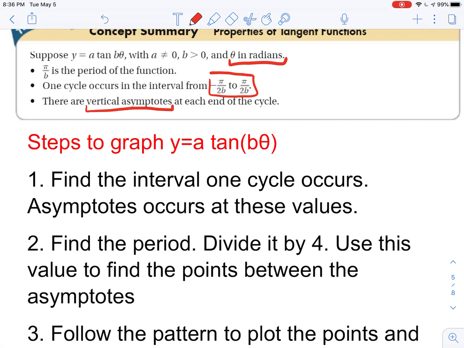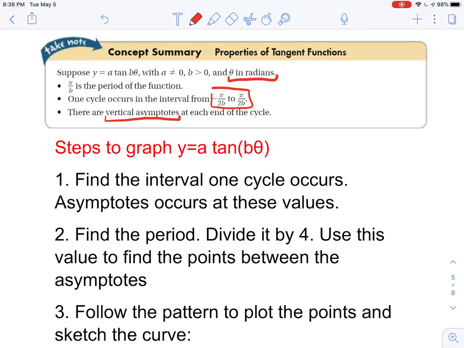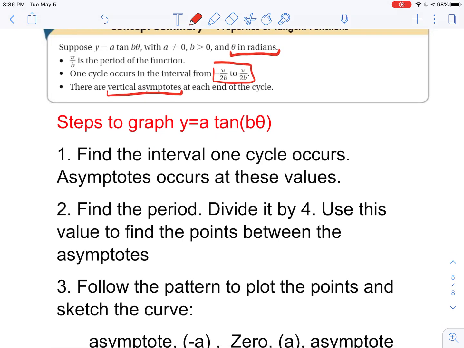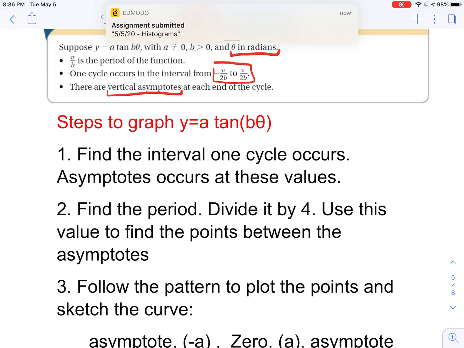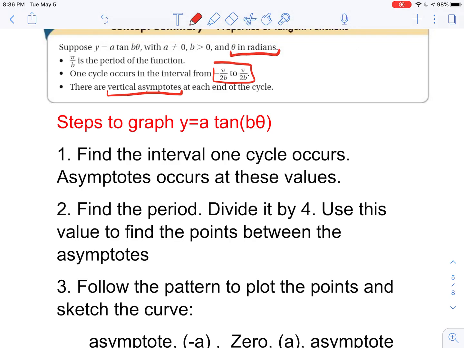So basically, if you find negative pi over 2b, there should be a vertical asymptote at that value. And if you look at pi over 2b, you should see another asymptote there. Okay? So that's where we're going to start. You're going to look for the interval where one cycle occurs and find the asymptotes that occur at these values. Okay? Draw them out. Give yourself a starting point for your graph.